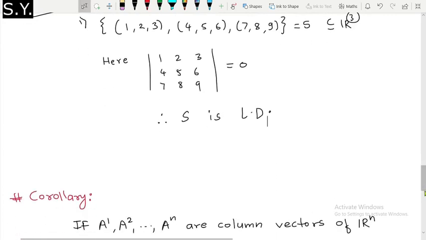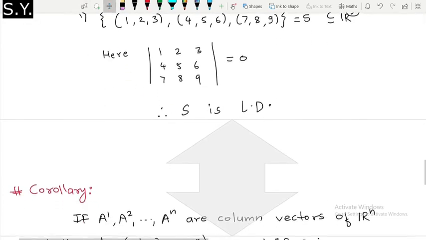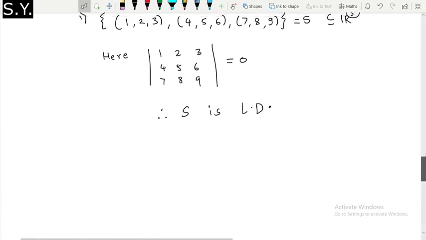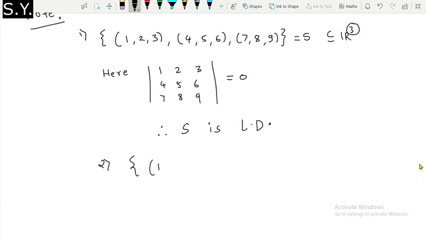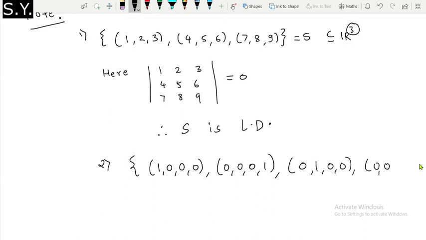If the determinant is 0, then the set is linearly dependent. I will give one example for homework which you can do. Second example: one set 1 0 0 0, 0 1 0 0, 1 0 0 0 and 0 0 1 0, call this S1.